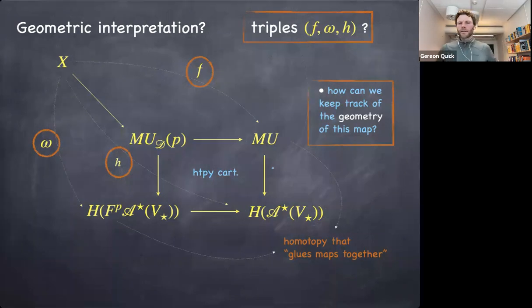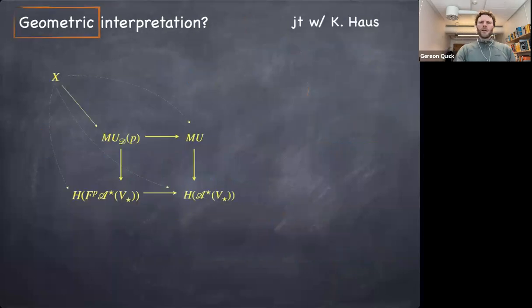I'm going to spend the rest of my time giving you a geometric interpretation and an explanation of how we come up with a solution to keep track of the geometry, and then how to use this to define a push forward and then an Abel-Jacobi invariant.